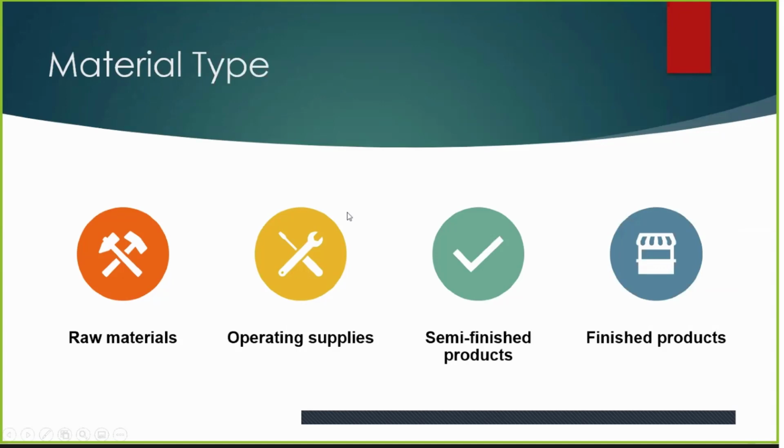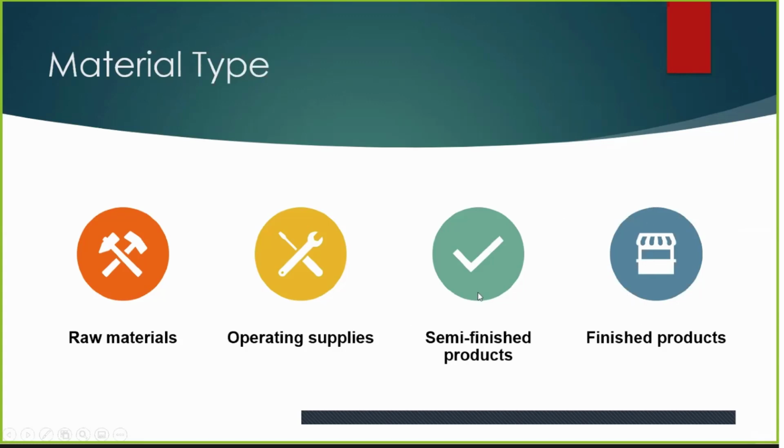What different types will you use? You have the raw material, operating supplies that you will use, and some tools. Semi-finished product. What is semi-finished and finished? By the way, the finished product is the product that you want to sell.